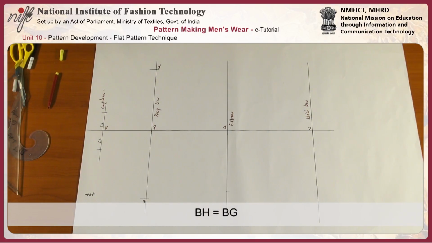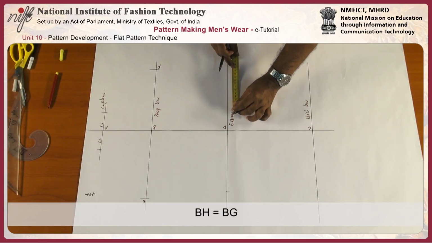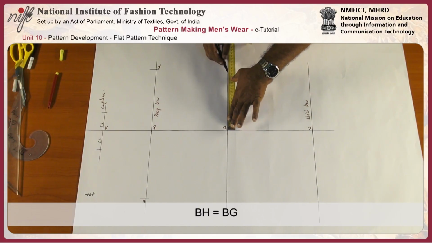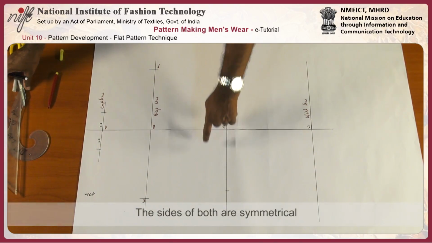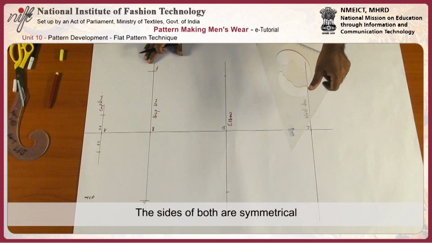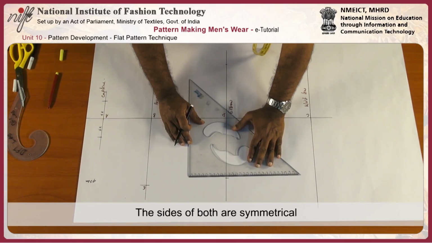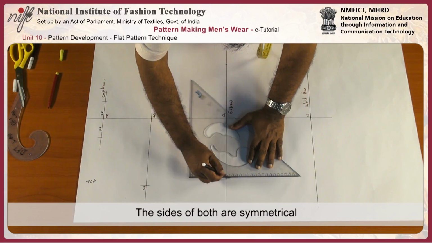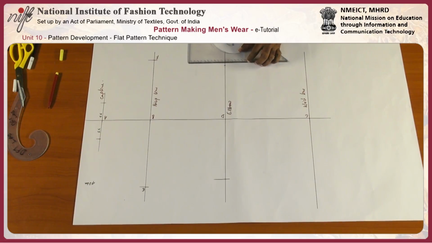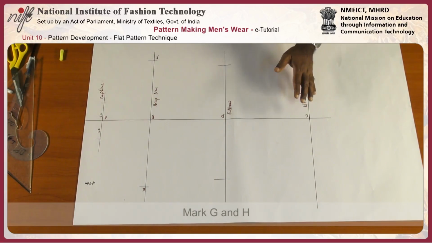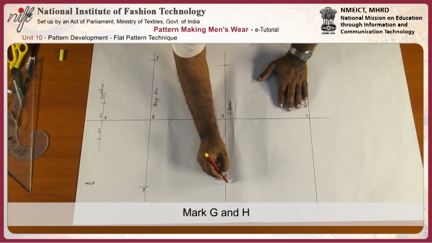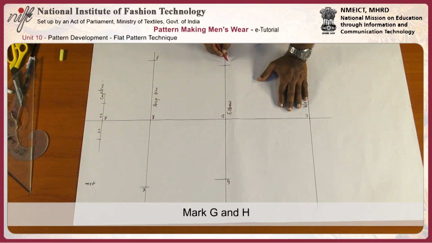And D to H is equal to D to G. Remember, the sides of both will be symmetrical. Point G and H.